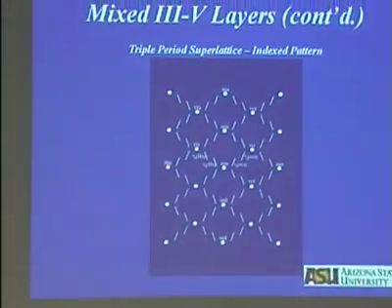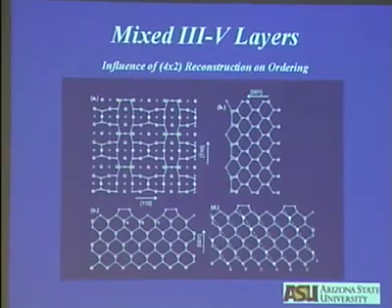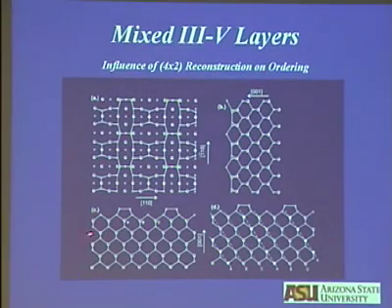Now, the evolution of this ordered structure is shown here. When you have 4x2 reconstruction, this is the structure you should focus on. The reconstruction produces a compressive stress. This is tensile stress, compressive stress, and tensile stress. So the earlier case was compression, tension, compression, tension.